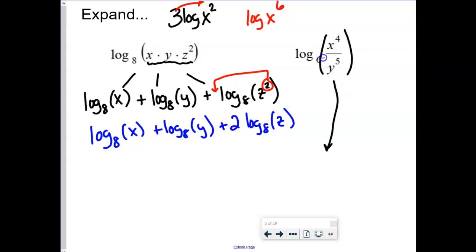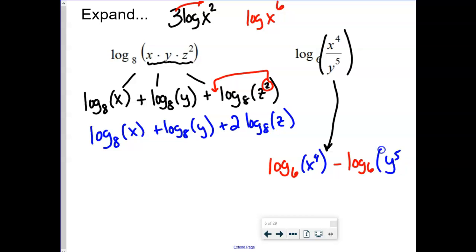All right. So this one, I'm seeing two properties again. I'm seeing quotient this time, and I'm seeing power, but do you notice while they both have powers, they have different powers. So you got to kind of hold off on taking the powers down. So quotient says you're supposed to take the numerator first. So log base 6 of the numerator, and you're supposed to subtract log base 6 of your denominator.